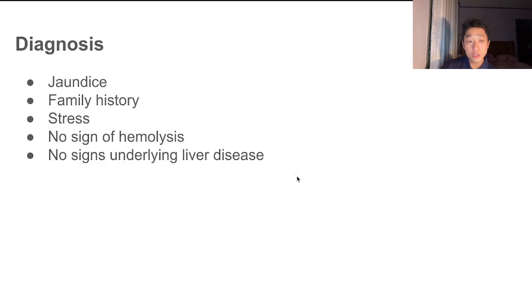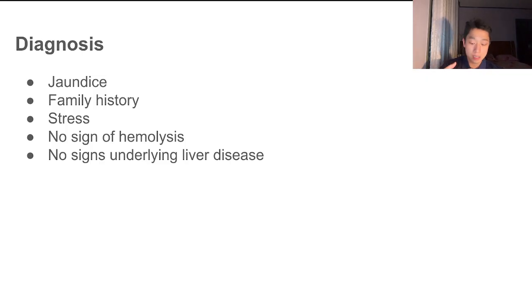To diagnose each one, we need to see the clinical presentation, which will show jaundice. Also, we will need to see if the patient has any family history that shows a hereditary condition. We will need to see if there is a stressor, such as strenuous exercise or drug use, that could increase the level of bilirubin.